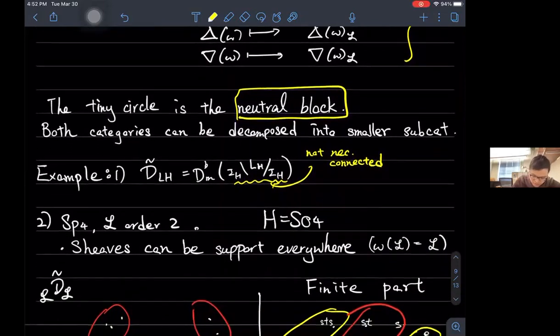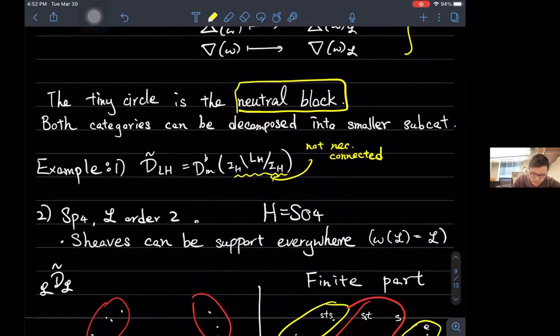For example, if I consider the affine Hecke category with no monodromy of H, well, this double coset is an ind-variety. It's just like the affine Grassmannian or the affine flag variety, if you only consider the right action.